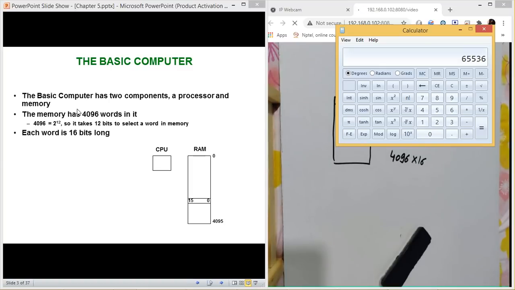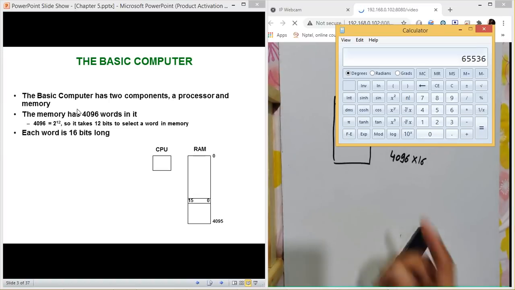It is 65536. So these are the total number of bits inside your memory. That is how we calculate it.